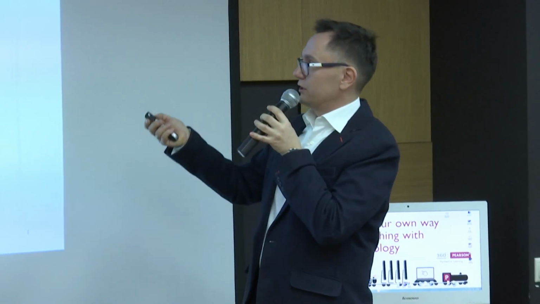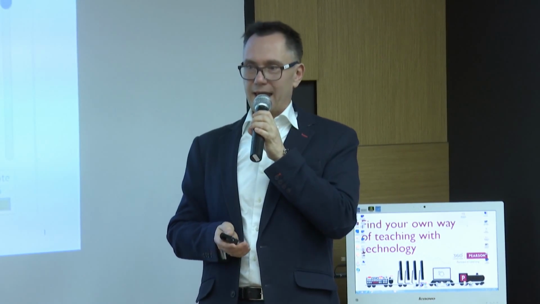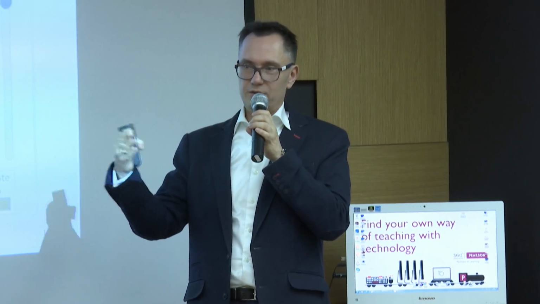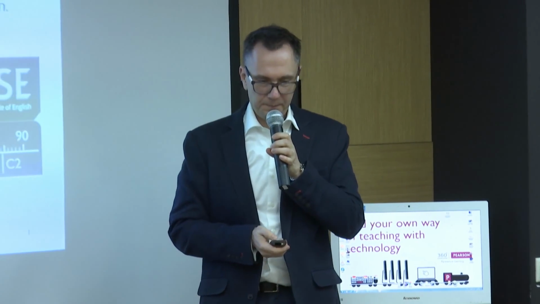So you can see all this information on the GSE scale, but if you want, you can switch to the CEFR scale, the Common European Framework scale, and compare the students' levels against this A1, A2, B1, B2 scale.